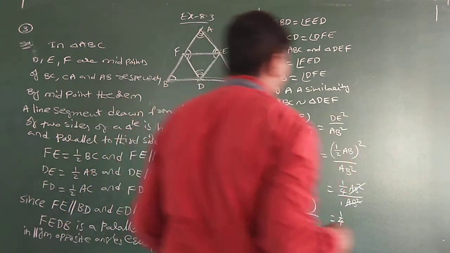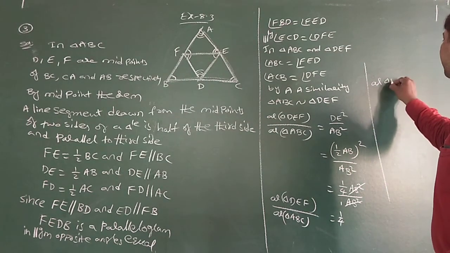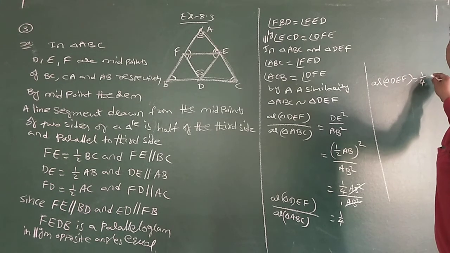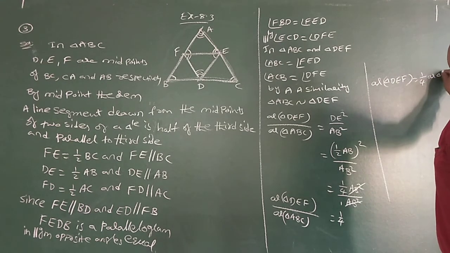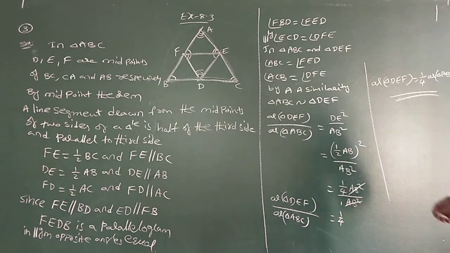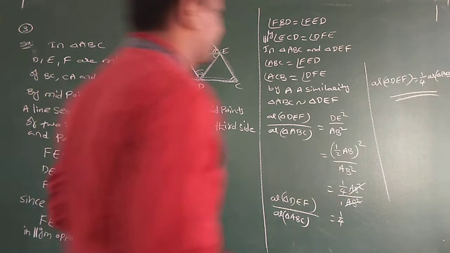Now transfer this value to this side. What do you get here? Area of triangle DEF is equal to 1 by 4 area of triangle ABC. Is it visible? Okay, just a little bit.